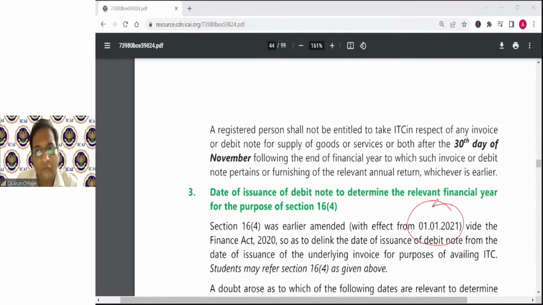What was the amendment? If you read the language of 16(4) earlier, they were talking about "relating to such debit note".